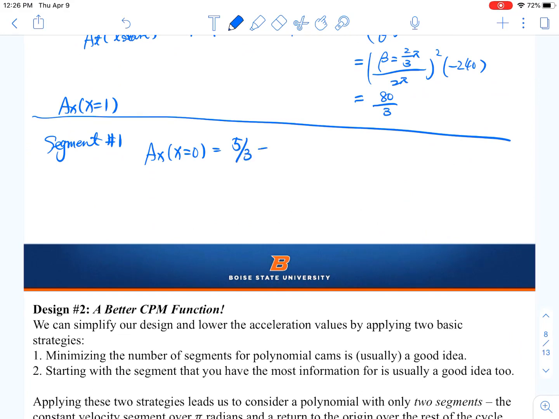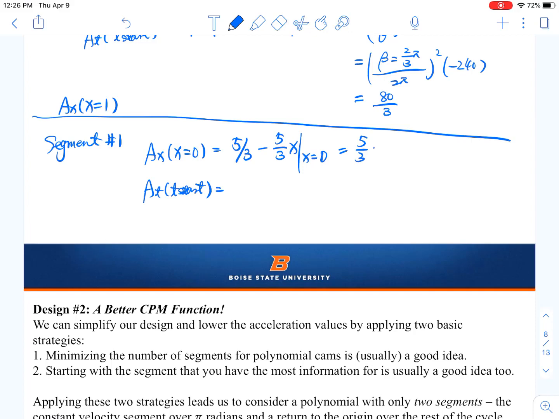That's going to give you 5/3 minus 5/3 x. And then you have x equal to 0. That gives you 5/3. And then you have to dump it back to a t, which is the starting time.